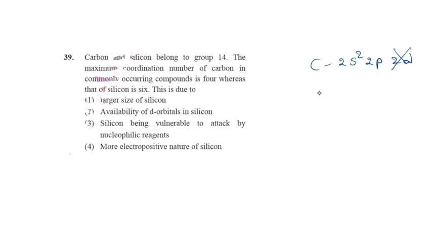Whereas in the case of silicon, the configuration is 3s2 3p2, and it has a 3d subshell also, so it can expand its covalency up to 6. Hence the carbon valency is 4, whereas the silicon valency is 6. So the answer is the availability of d orbitals in silicon.